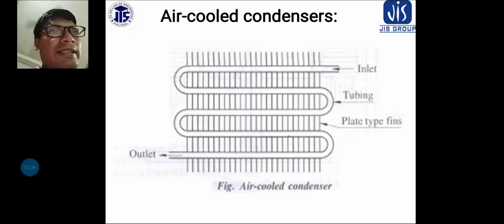The whole arrangement is called the condensing unit. Condensing units are used in package refrigeration systems of 10 tons or less.